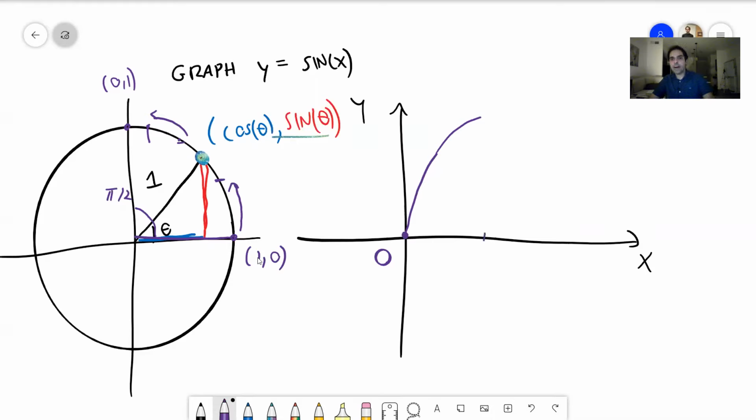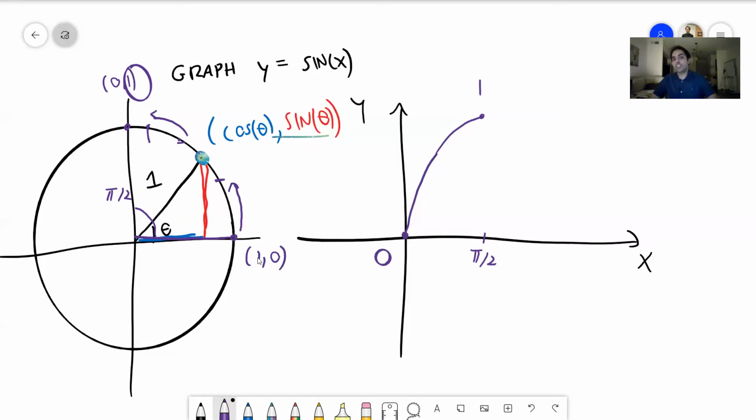So you see at pi over 2, you're at the height of 1. So you see sine of x, again, it goes up very fast, then a little bit slowly up to 1.